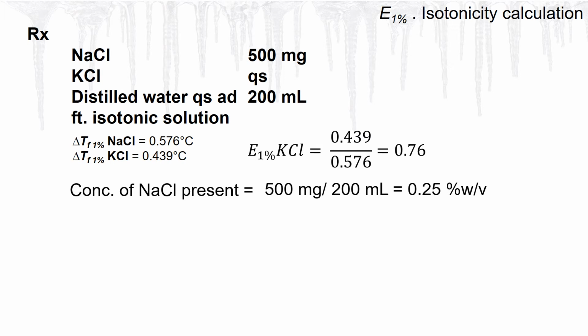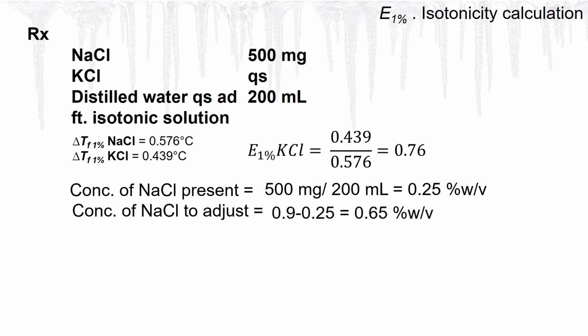As we know, for sodium chloride to be isotonic, the concentration is 0.9%. So we have to subtract whatever is available from 0.9. The rest of the sodium chloride concentration would be adjusted by the rest of the ingredients, and here it refers to the potassium chloride.